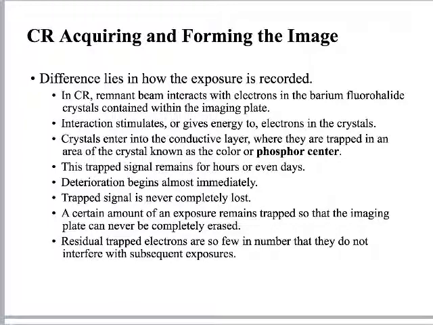And basically, the crystals then enter a conductive state where they're trapped, right? And that's what we're talking about when we talk about the phosphor center. So I said that the crystal's kind of sitting in this somewhat stable state. When an X-ray ionizes it, it snaps into this phosphor center, and because it lost an electron, it changes its orientation, right?